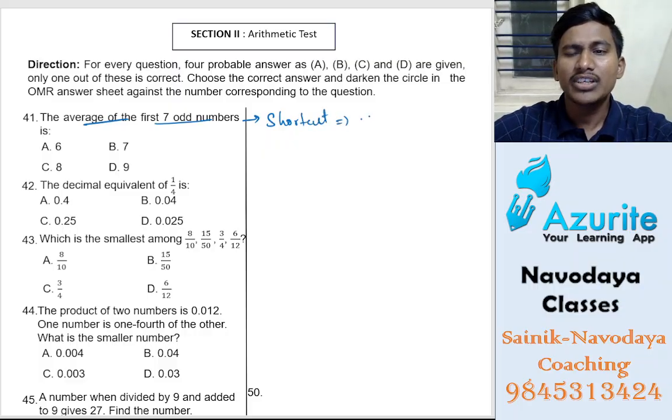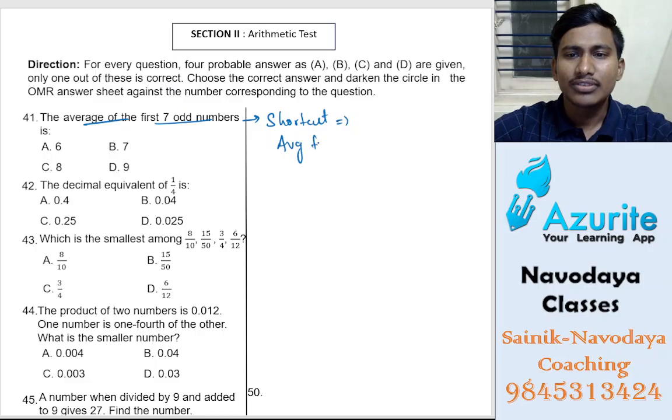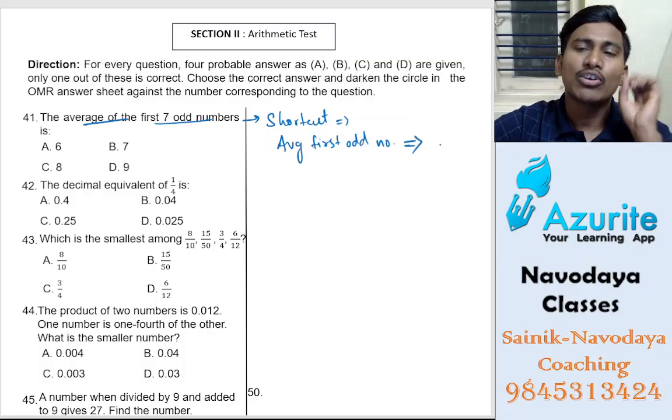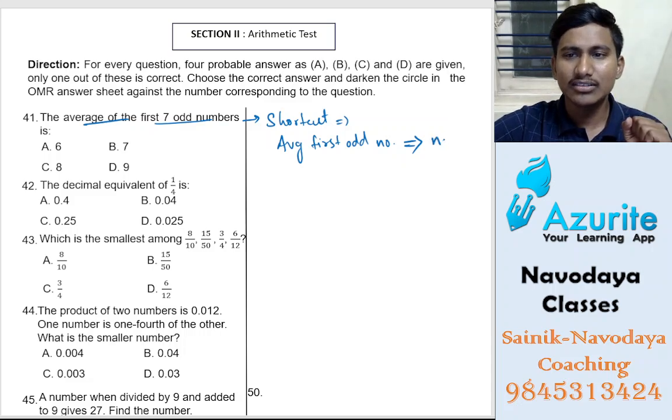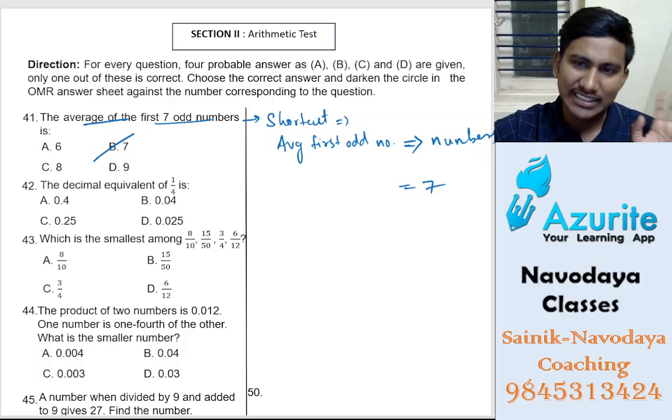Average of the first n odd numbers will always be the number n. How many numbers are there here? Total 7. So the answer will be 7 directly. Option B here. Understand?